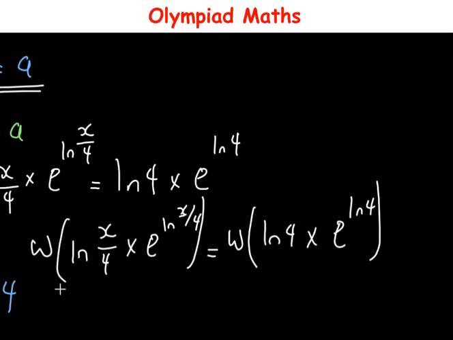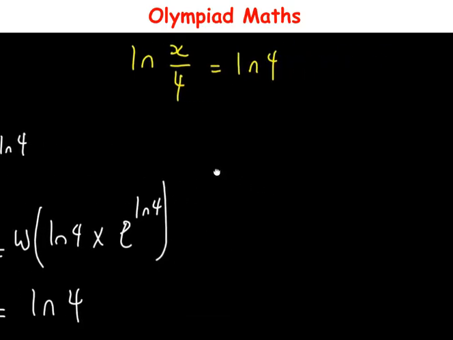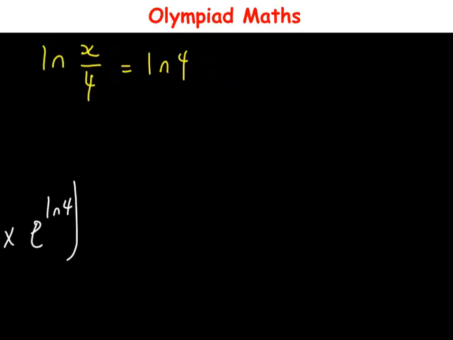Applying the Lambert W function to this, what we'll get is ln x over 4 equals, same thing here also, the value equals ln 4. So at this junction, we have ln x over 4 equals ln 4. To then solve for the value of x, we are going to apply this rule of natural logarithm, that if you have ln a equals ln b, this means that the value of a equals b.